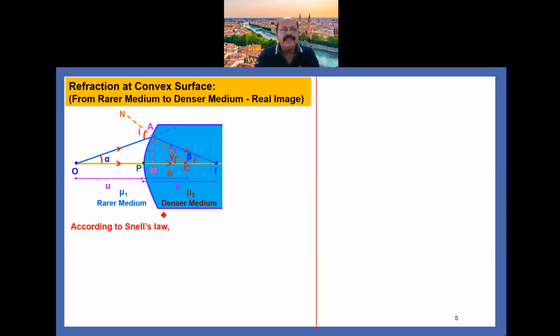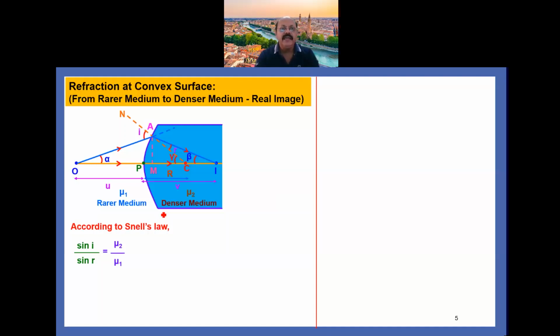Now according to Snell's law, since refraction is taking place, sin i upon sin r equals mu2 upon mu1, that is, the refractive index of the second medium with respect to the first medium, denser medium to rarer medium.